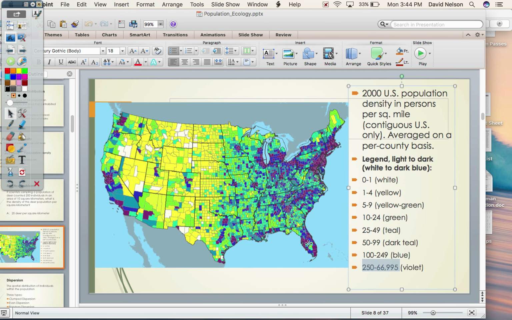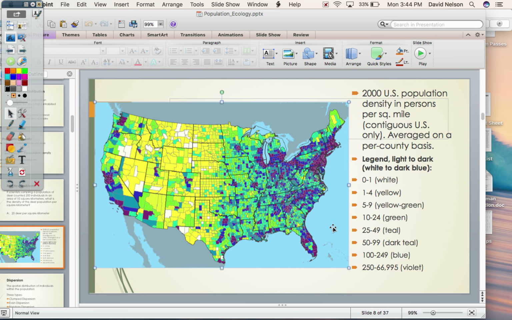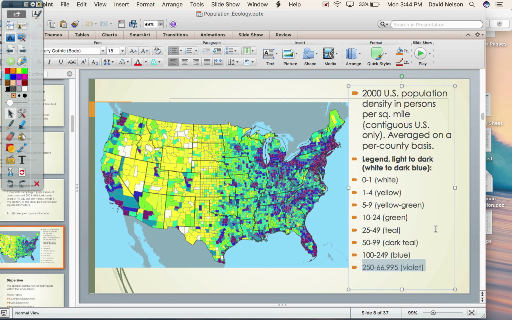If you look at Polk County, little old Polk County, right here, we are actually in this violet range. We've got, probably on the lower end of this violet range, a couple hundred people per square mile within Polk County. We have a high density in our own population.